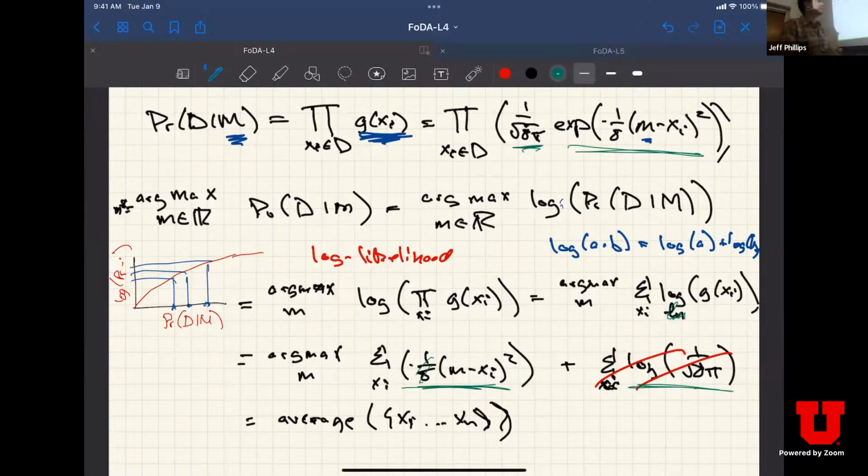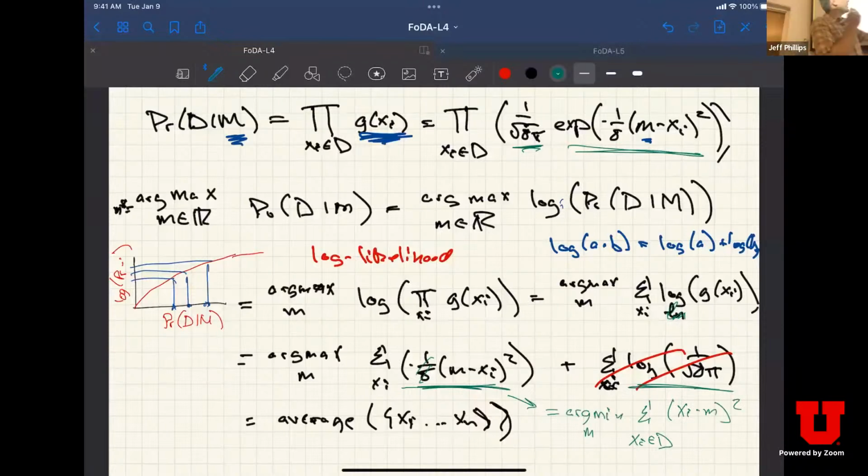And so you can actually write this as arg min over the choice of the models of the sum over xi in the data set of xi minus m squared.